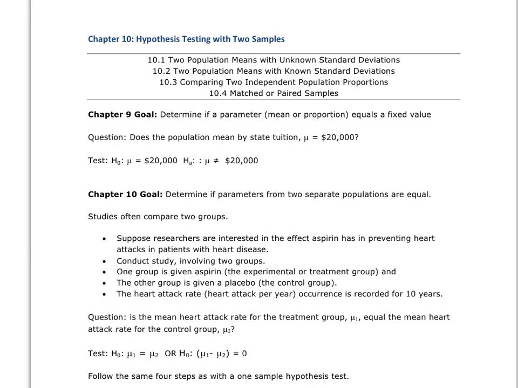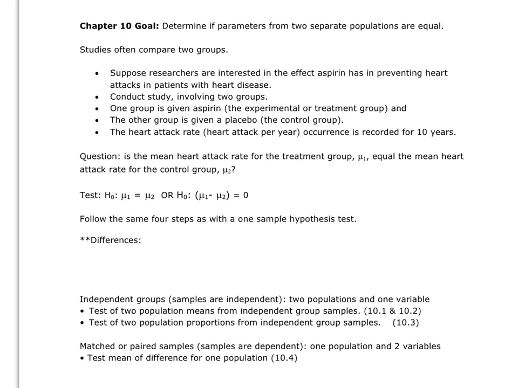We have the group that has the aspirin, reflecting the population that takes aspirin, and then we have the group that takes the placebo, and that represents the population that doesn't take the aspirin. So we want to compare the mean heart attack rate for these two populations.